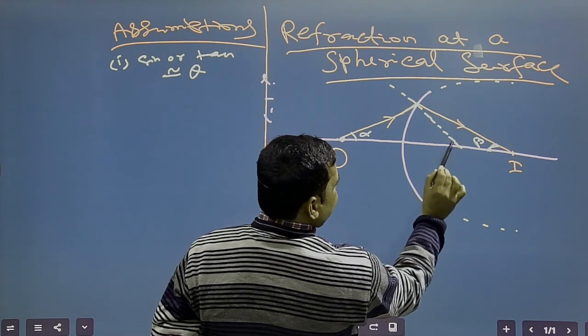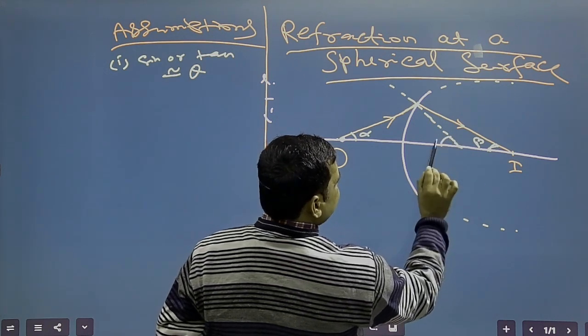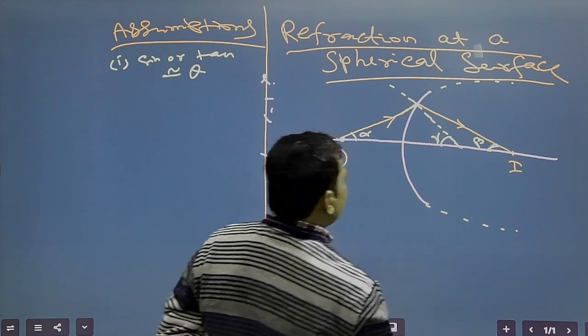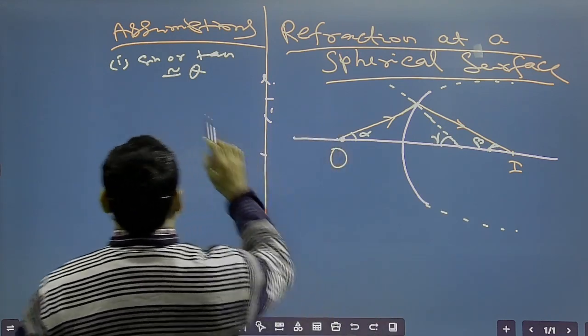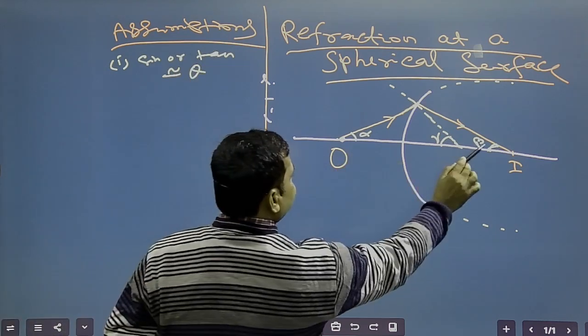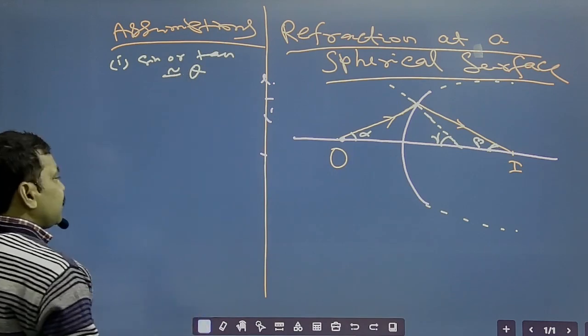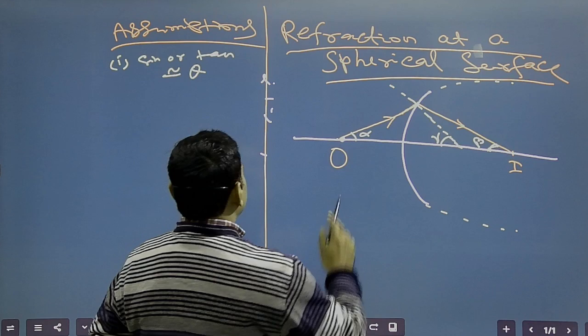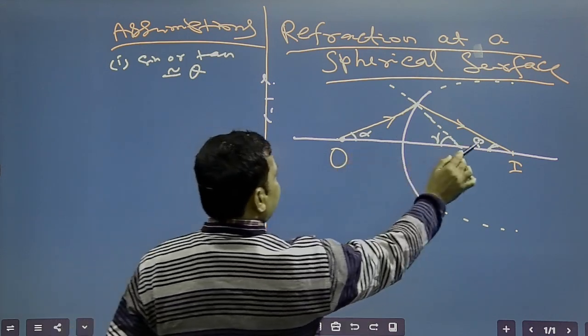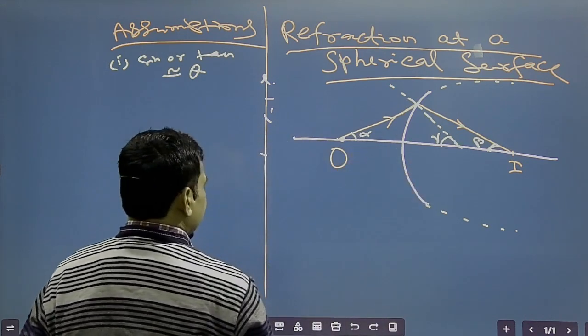The normal makes an angle with the principal axis, suppose gamma. So the first assumption is clear. These alpha and beta angles will be very small, so that the sine or tangent of the angle can be treated as the same as the angle itself, right?